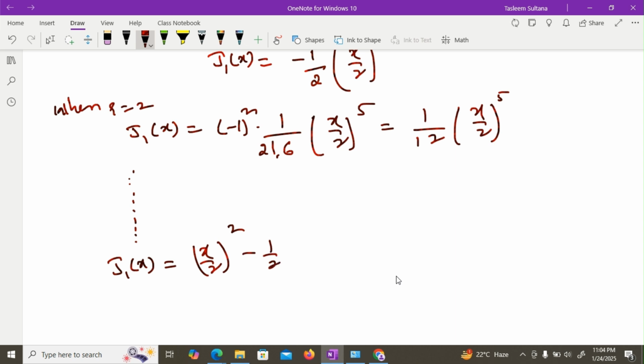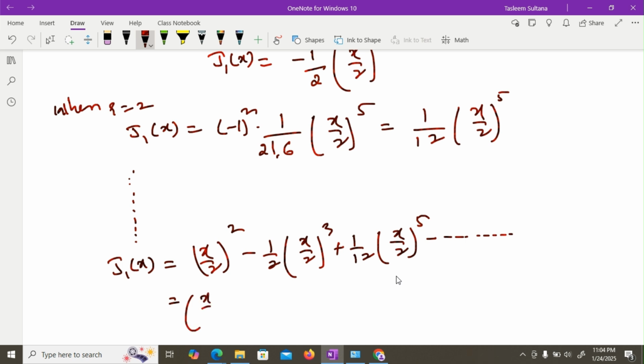Now we are going to add all the values we got for J1 of x when r is equal to 0, 1, 2, 3 and so on. So the first value was x by 2, minus 1 by 2 of x by 2 whole cube, plus 1 by 12 of x by 2 to the power of 5, minus and so on.